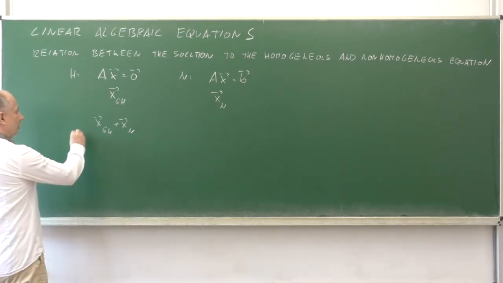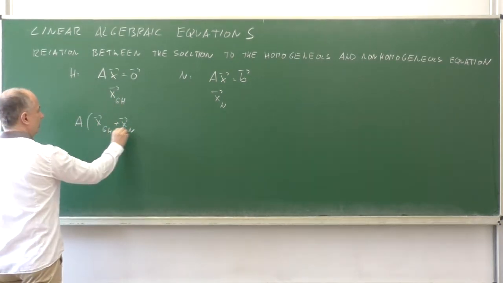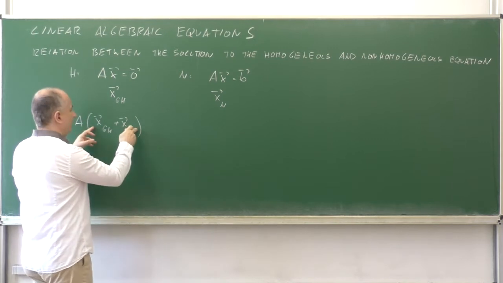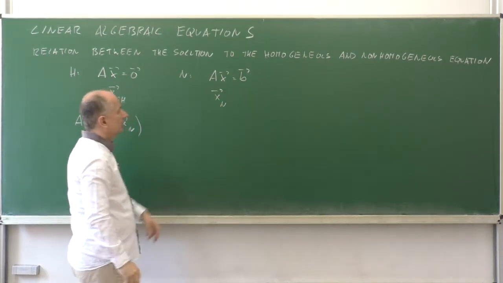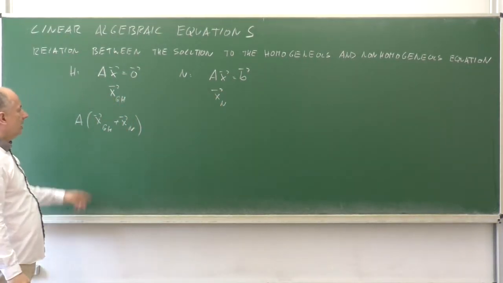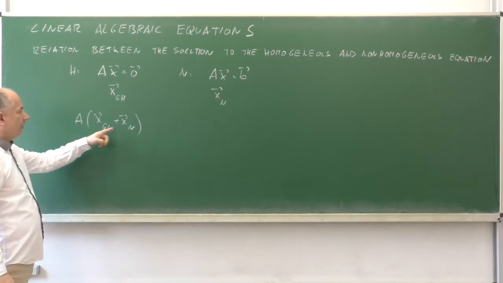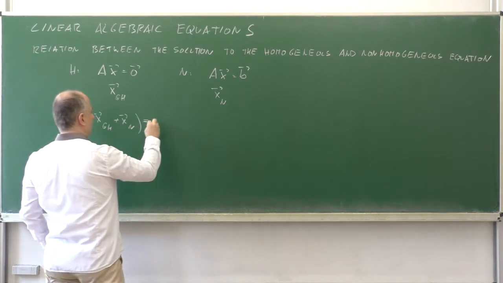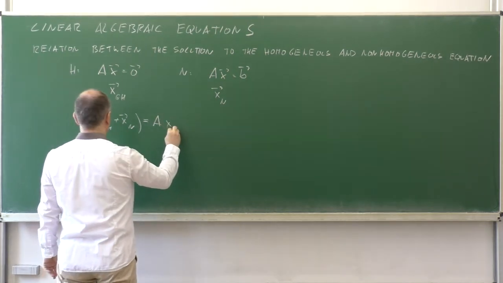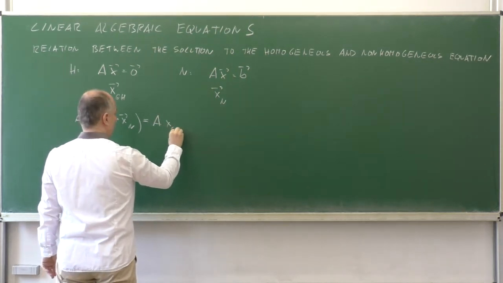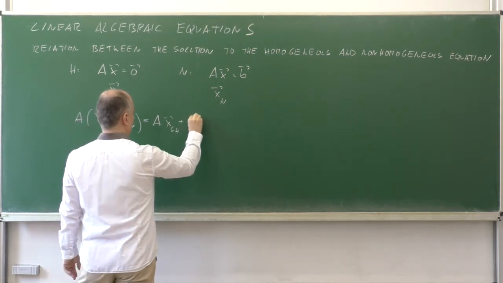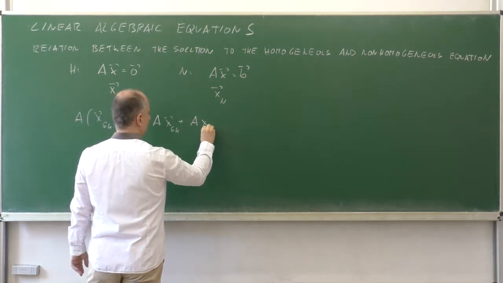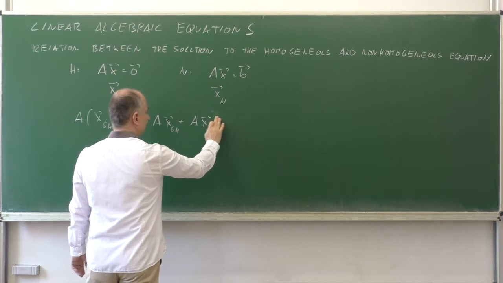This is easy to show because if we substitute this vector into the non-homogeneous system, then on the left we have A times the vector. But A times a sum of vectors is A x_gh plus A x_n.